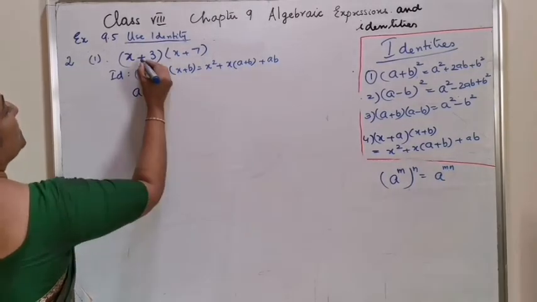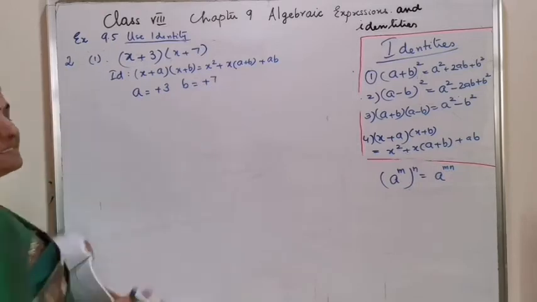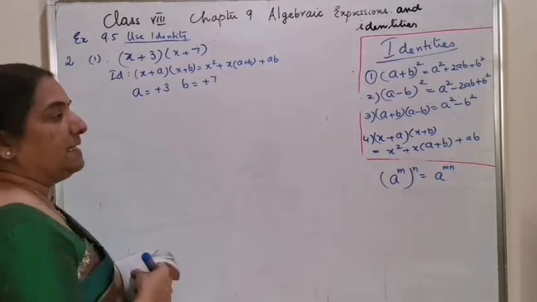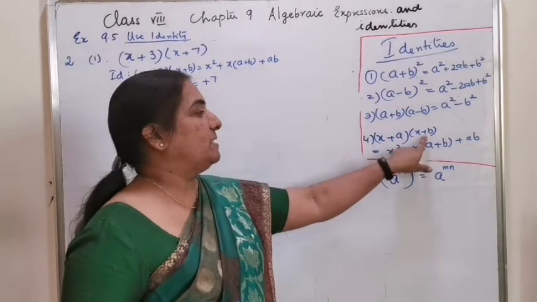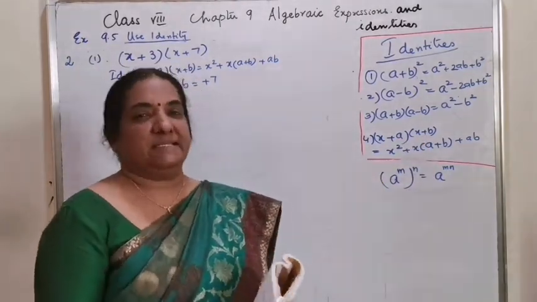In these problems now, you write the value of a and b also. Your a value is positive 3 and your b value is plus 7, because here in this identity the general form is always with plus. So you have to substitute the values of a and b with the sign.